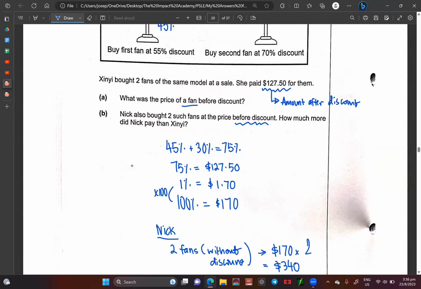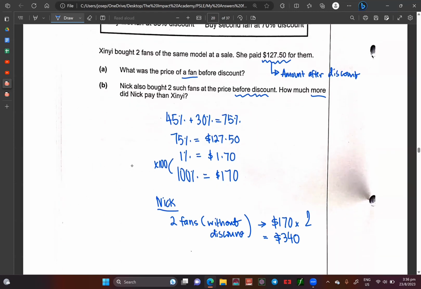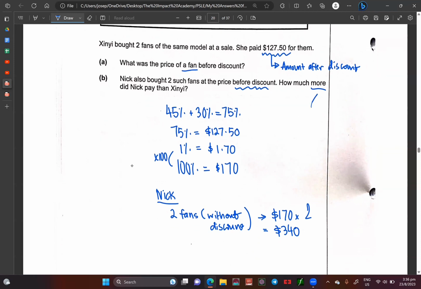So this is the price before discount for Nick. The question wants you to find how much more. So to find how much more, we definitely have to minus, so we find the difference, because the word more means difference. So we just have to do $340 minus $127.50, and we will get to an answer of $212.50.